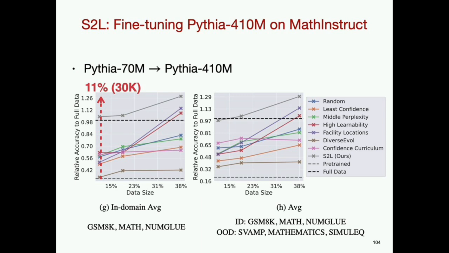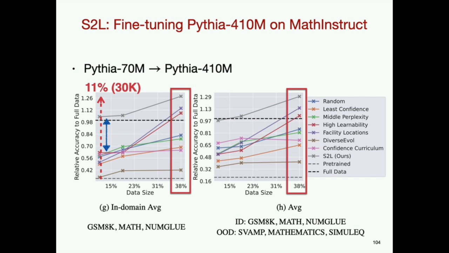And now, if we keep selecting more, there is a large gap early on, for the small subset sizes, between this method and the rest of the existing heuristic methods. But if we select larger subsets, both for in-domain and out-of-domain, we can do much better than fine-tuning on the full fine-tuning data, which is really nice, right?